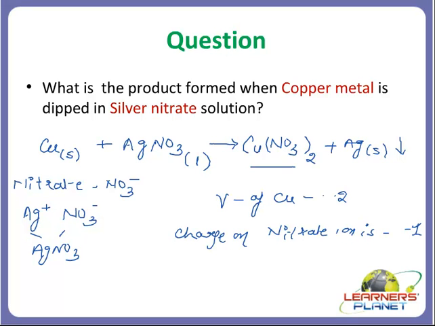Now, the formula I'll get is Cu(NO3)2. Okay, students. Now, in case of an atom of an element, what we try to find out is the valency, that is the number of electrons present on the outermost orbit. Okay, but in case of ions, what you need to do is find out the charge.